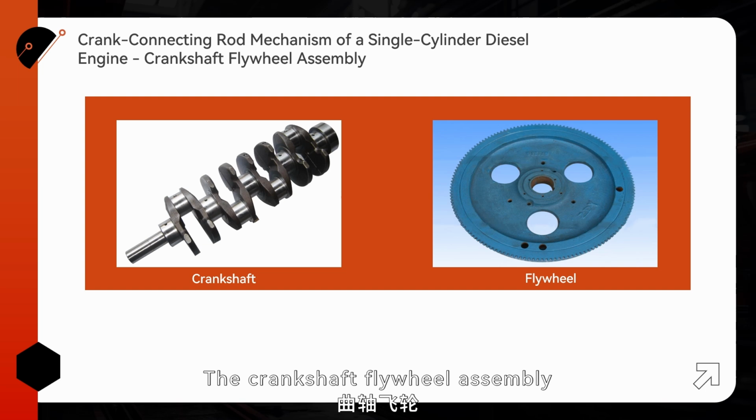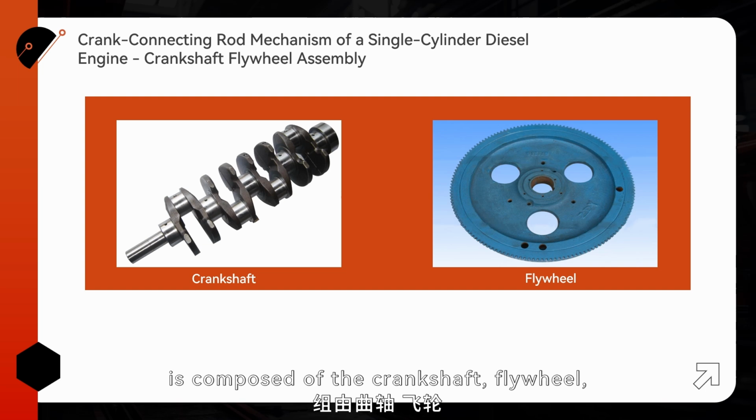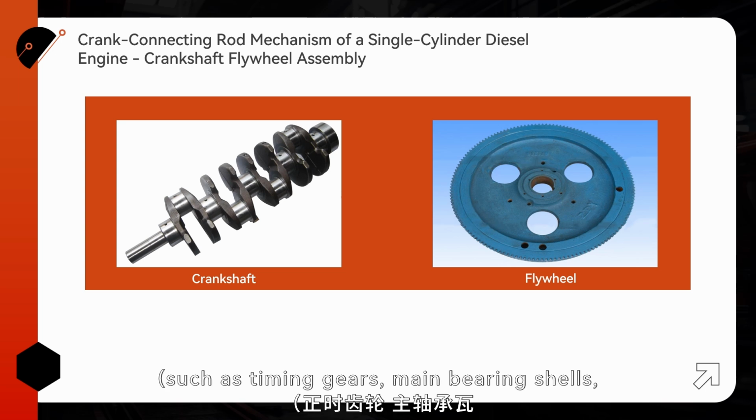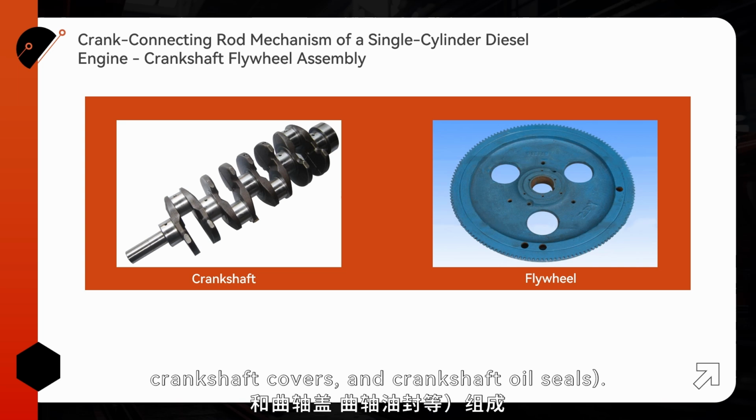The crankshaft flywheel assembly is composed of the crankshaft, flywheel, and various parts mounted on the crankshaft, such as timing gears, main bearing shells, crankshaft covers, and crankshaft oil seals.